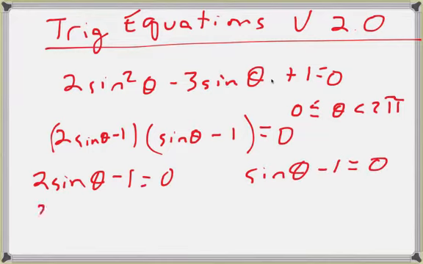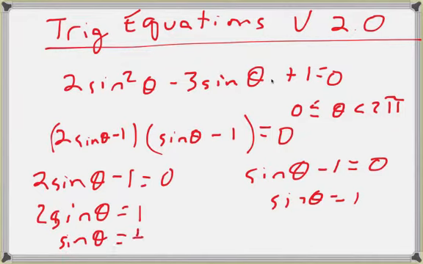Okay, so that means here 2 sine theta is equal to 1, and then sine theta is equal to 1. So this means sine theta is equal to a half. So we have either sine theta is equal to a half or sine theta is equal to 1. Now once again, we're in the interval between 0 and 2 pi.